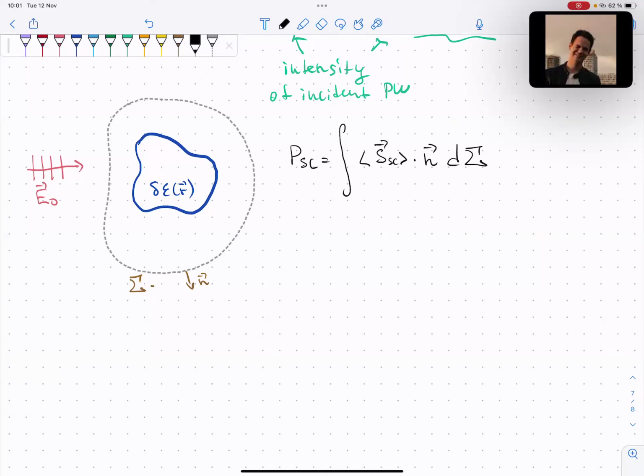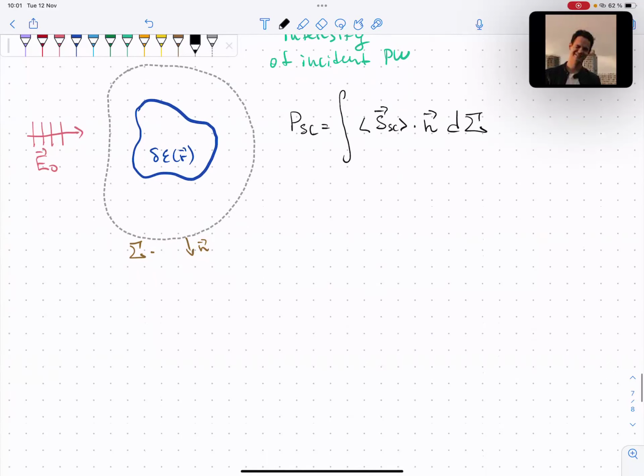How to calculate the power which was absorbed by the particle? The power absorbed by the particle is actually the change, how much energy was taken from the field. We can calculate this as the rate of change of the electromagnetic energy.